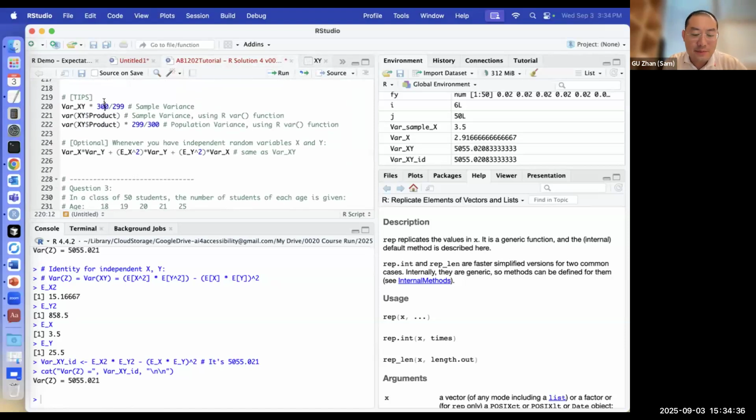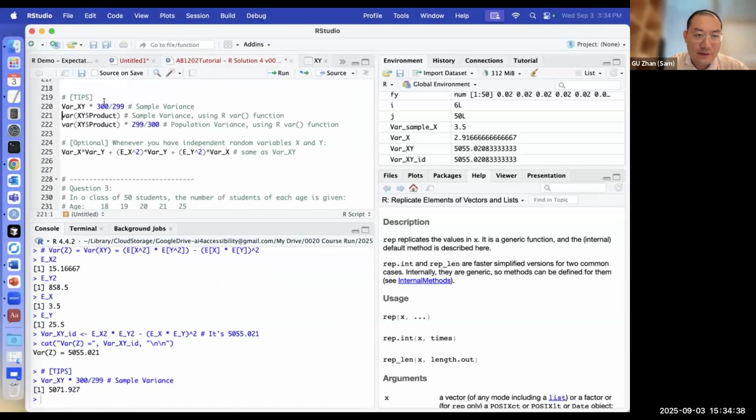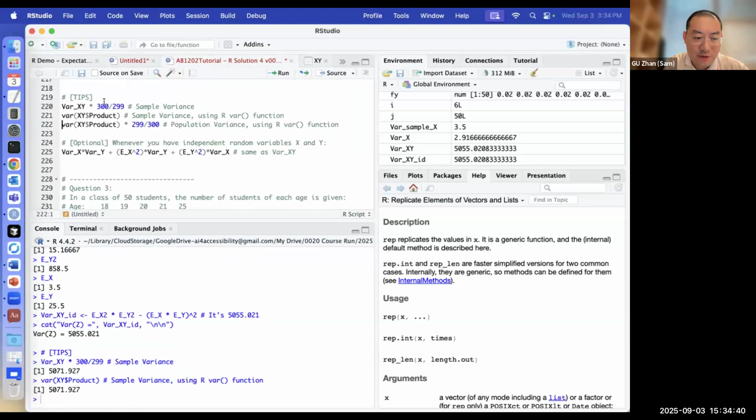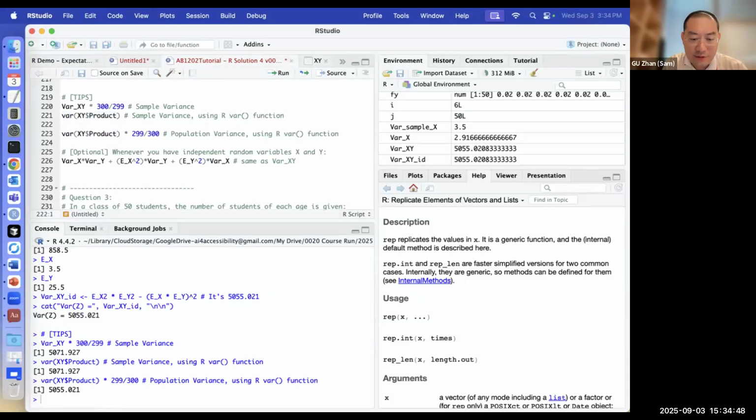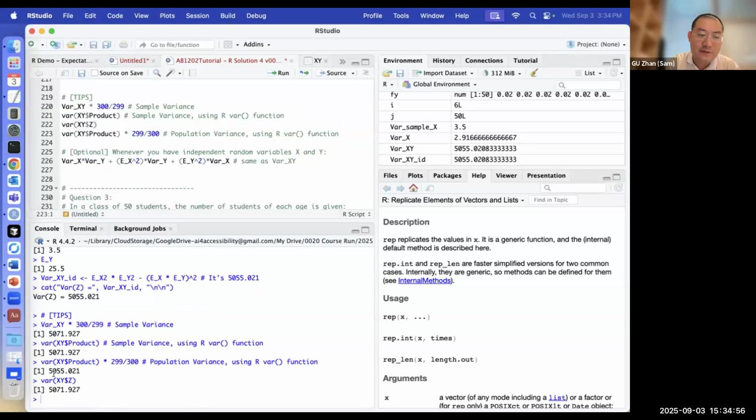There are some tips about the variance of X and Y. If you're using a sample variance, you'll find it is different. Using the VAR function against the Z value, you will get a different value. VAR of XY's Z gives 5071, which is not 5055.